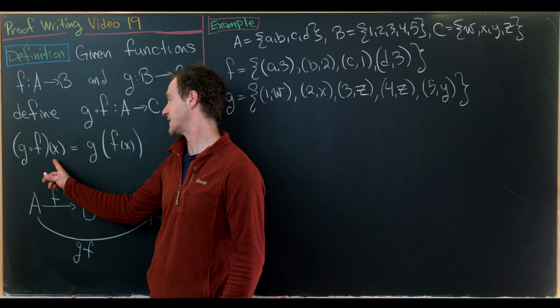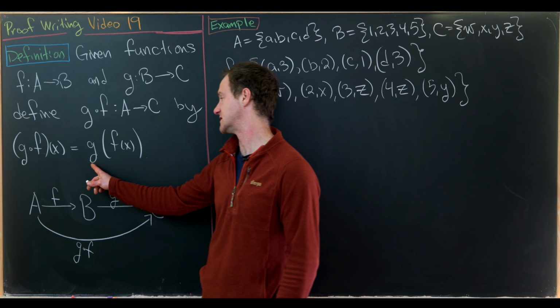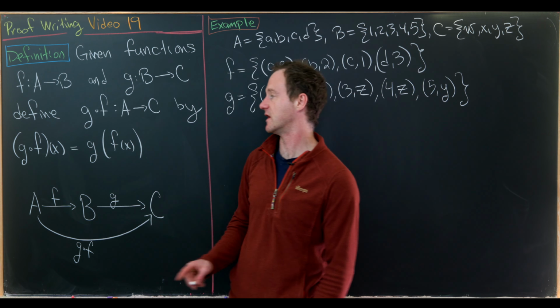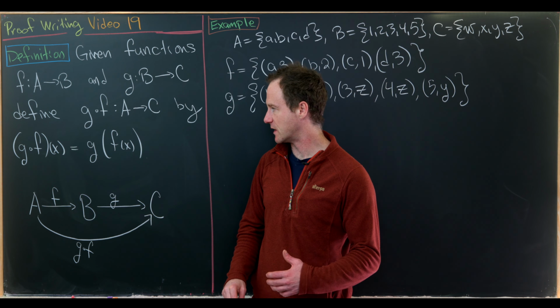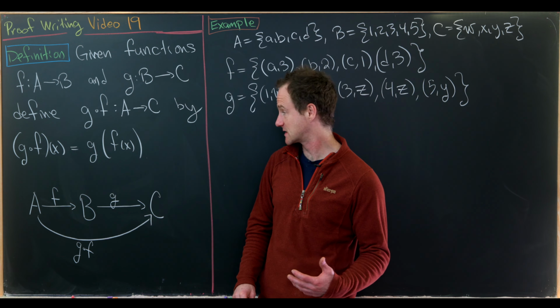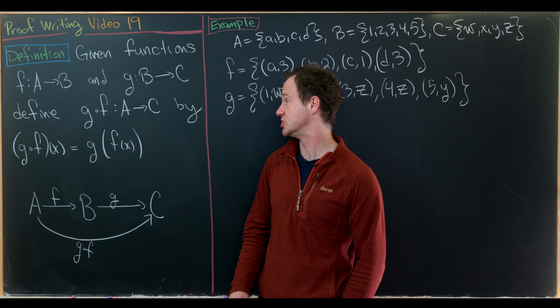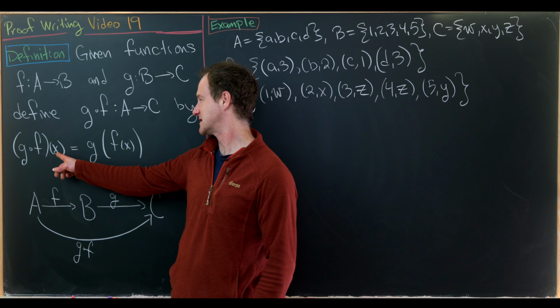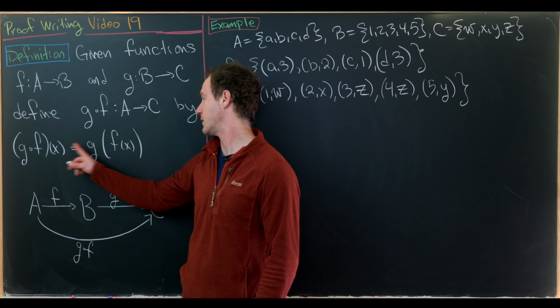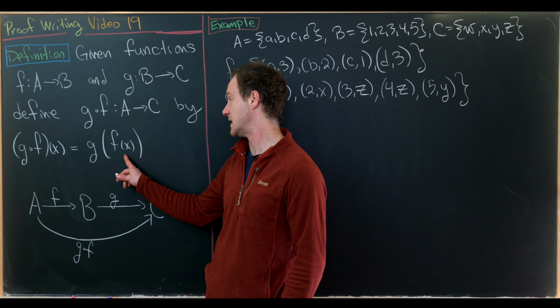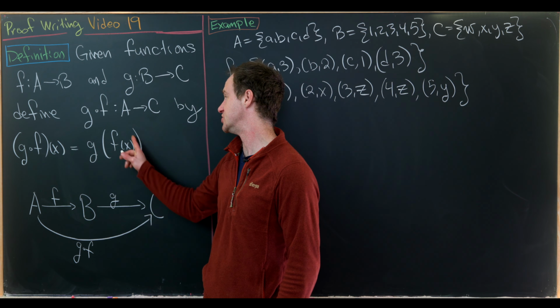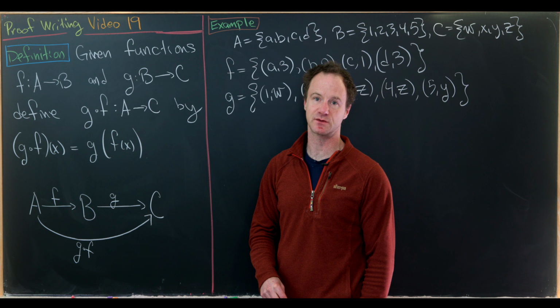So g composed with f of x is the same thing as g of f of x. In other words, we apply the function f to x, and then that result is applied by the function g. So notice x is an element of A. When we plug it into f, we get an element of B. And then when we plug that into g, we get an element of C. So that's how this works.